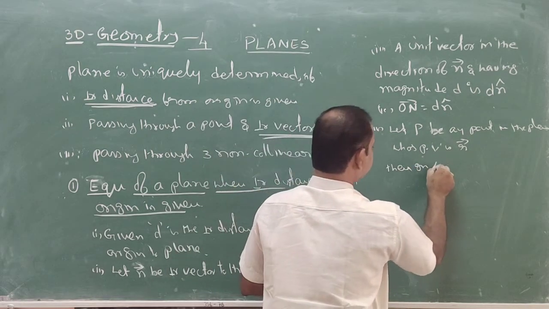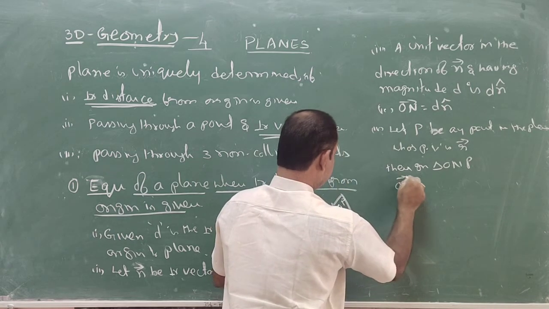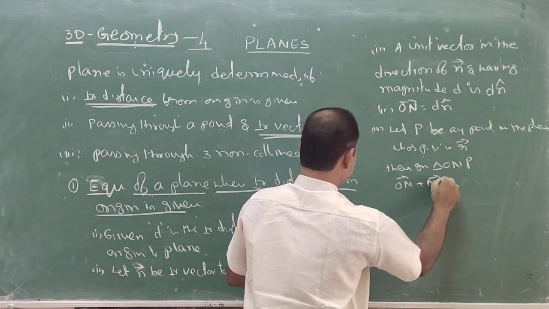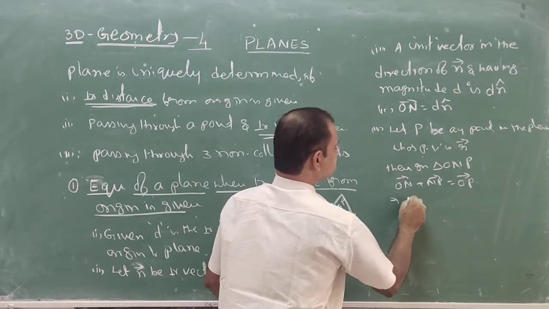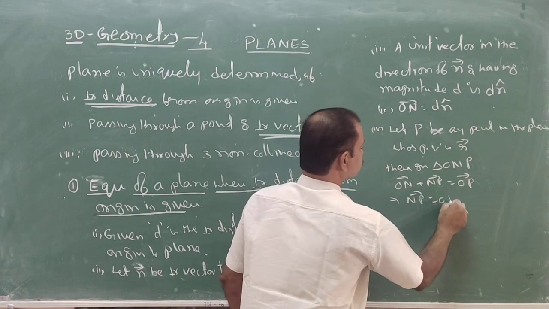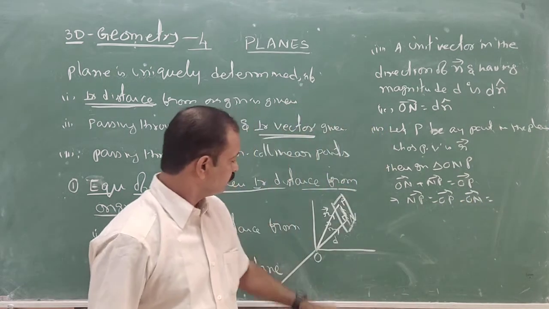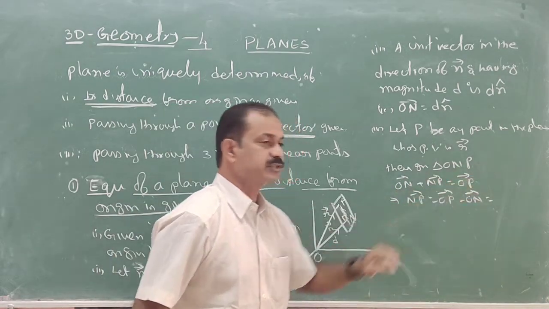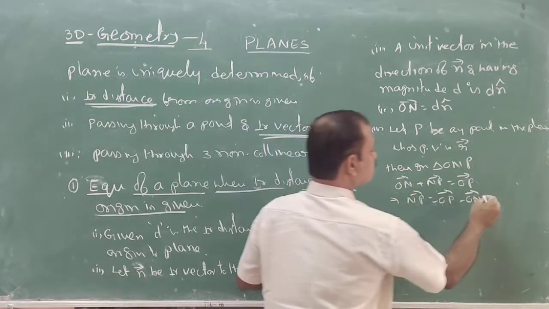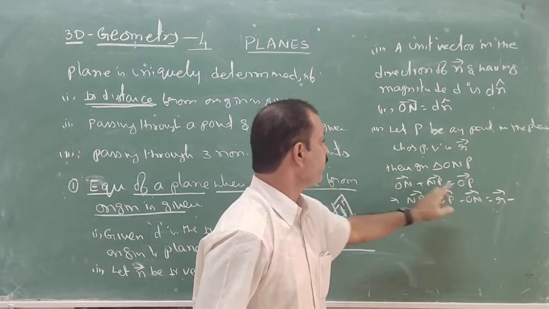Then in triangle ONP, ON plus NP is equal to OP, which implies NP is equal to OP minus ON, whereas OP is equal to R minus ON.